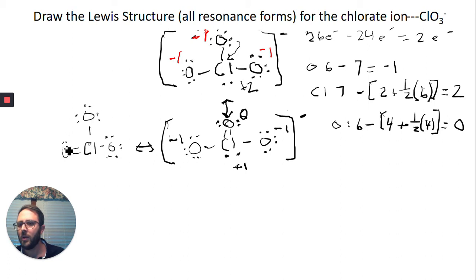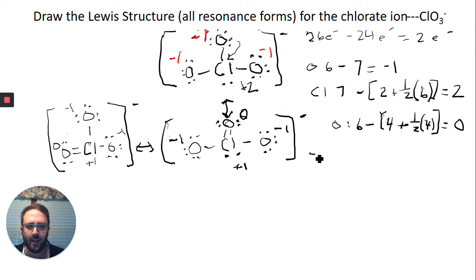Still need the brackets. Okay. So now we would have a -1 formal charge here. That would be a 0. That would be a -1. And that's still a positive 1.